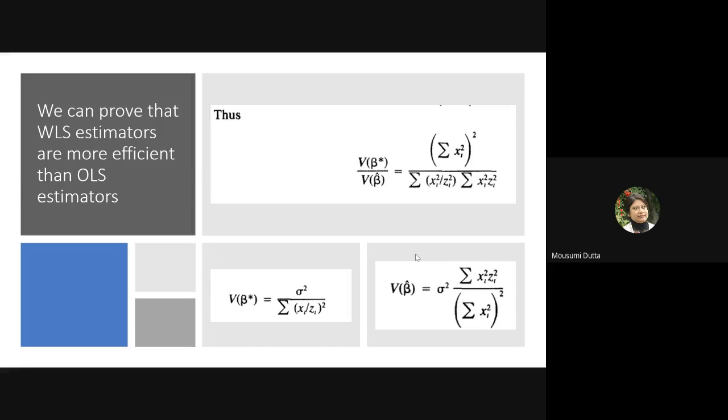Variance of beta star is sigma square divided by summation xi by zi whole square. Variance of beta hat is sigma square into summation xi zi square divided by summation xi square whole square.